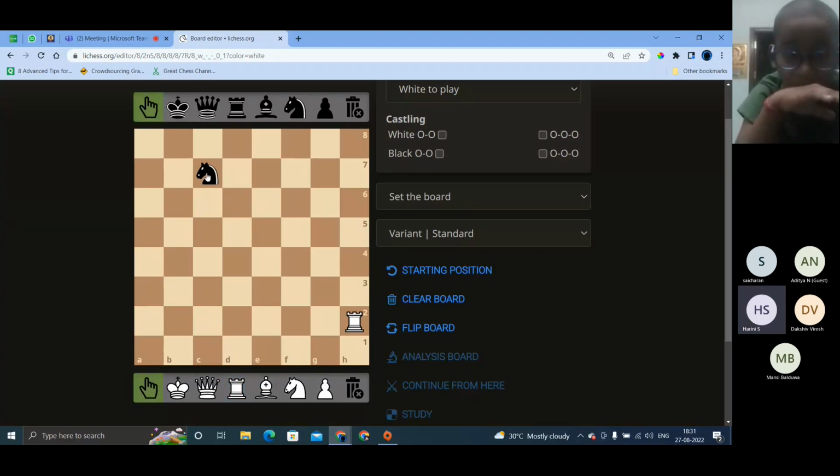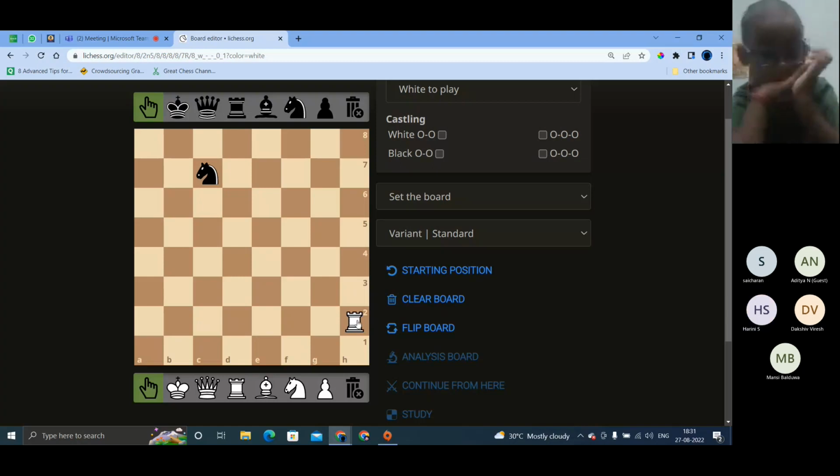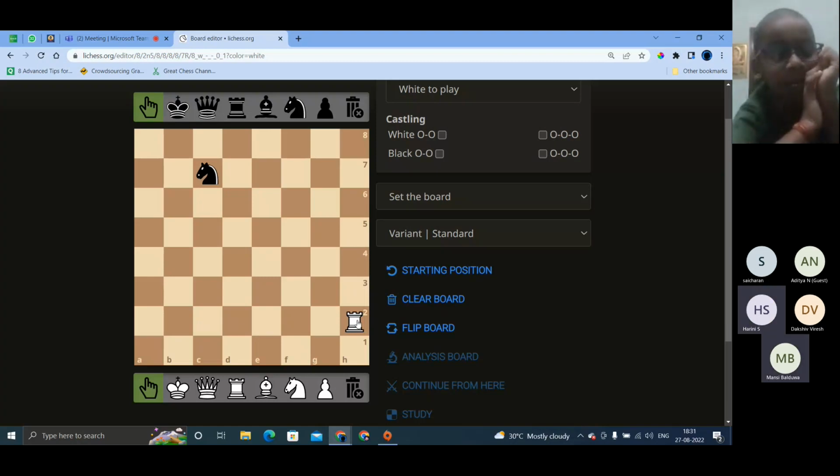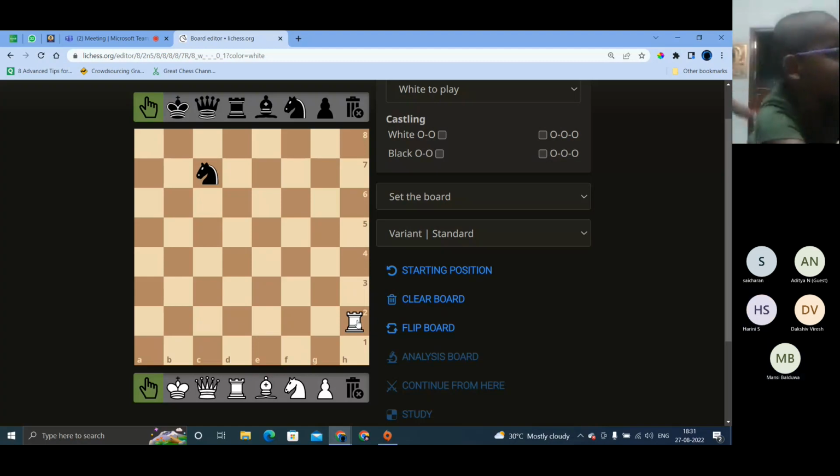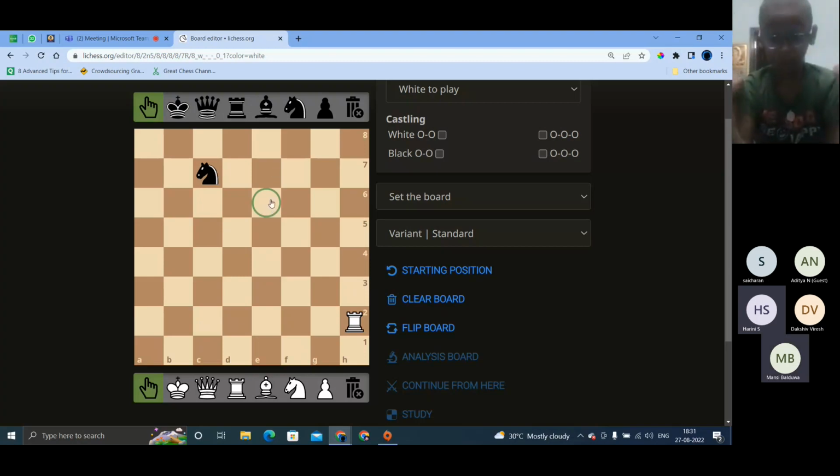So now Pranjal, I want you to capture this rook using the knight. First you will go to e6. Two steps here and one to the side.